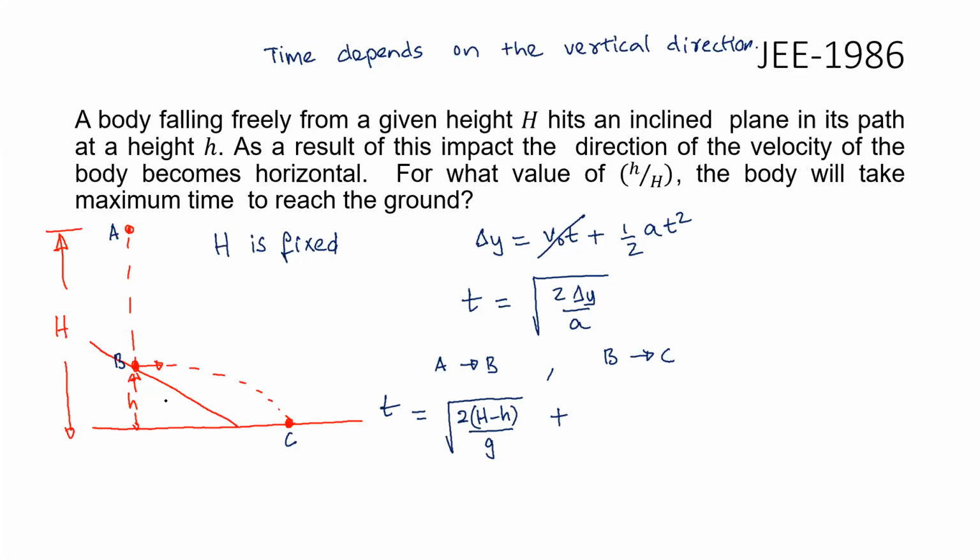Now if I consider B to C, it is square root of 2h by g. Now we can take out square root of 2 by g.